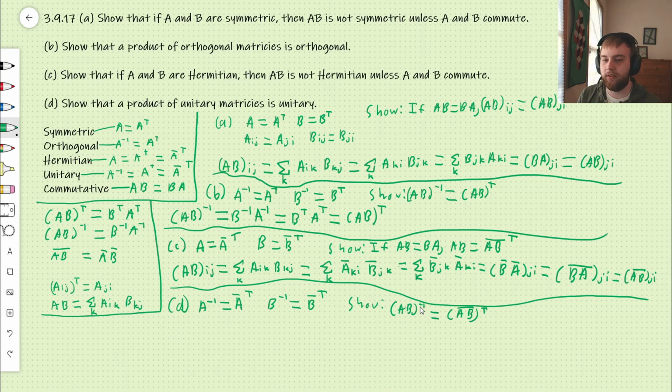So once again, we'll start out on one side of the equal sign and make our way to the other.